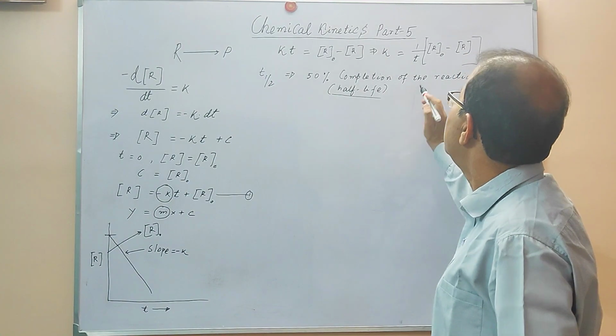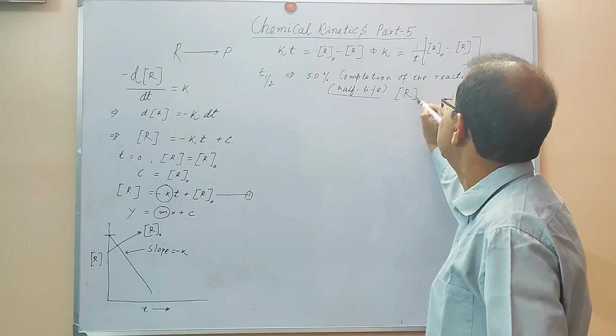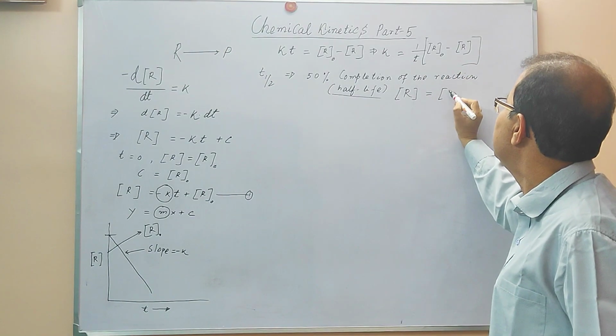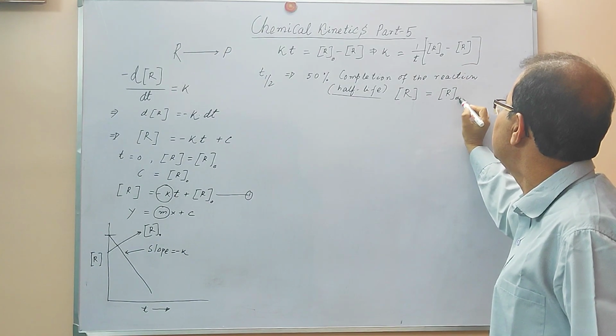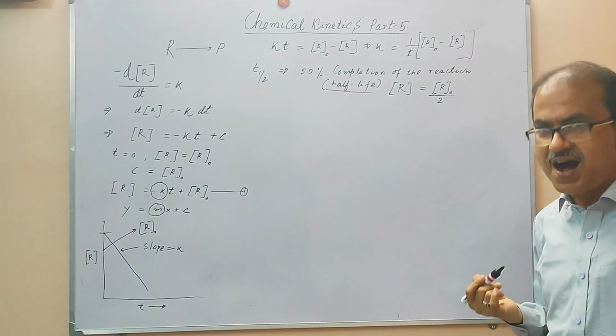Means what? So we can say that R, the concentration of reactant at t half, naturally that will be R0 by 2. So we can easily calculate the t half.